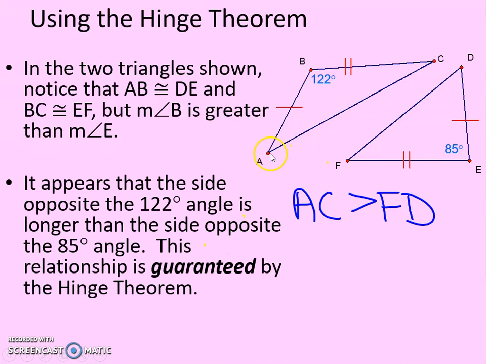We can say AC is greater than FD because the angle is greater. Which side? The third side, the side that is across from the angle. It appears that the side opposite the 122 degree angle is longer than the side opposite the 85 degree angle. This relationship is guaranteed by the hinge theorem.